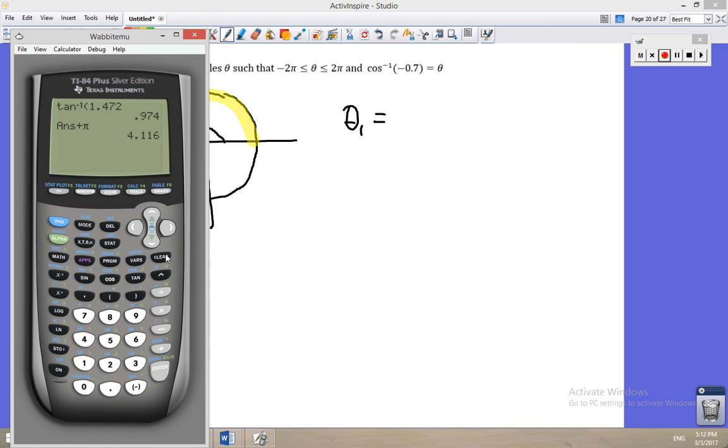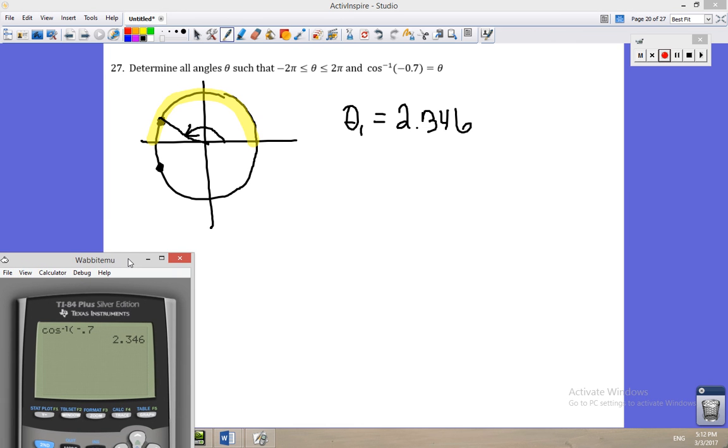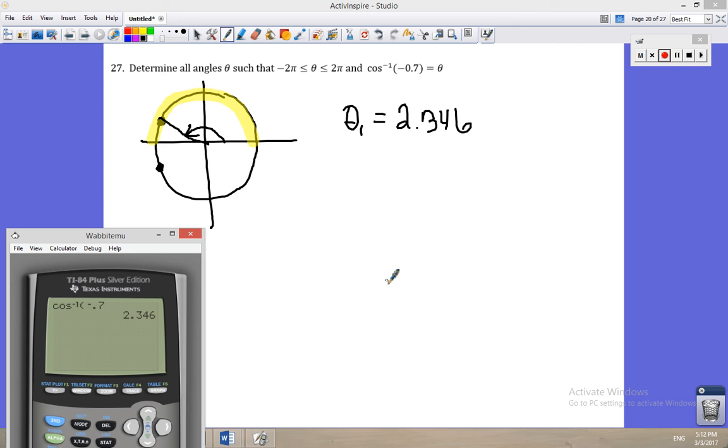So let's go inverse cosine of negative 0.7. 2.346 radians. Now, my reference angle, when you're an angle in quadrant 2, it's pi minus that angle.